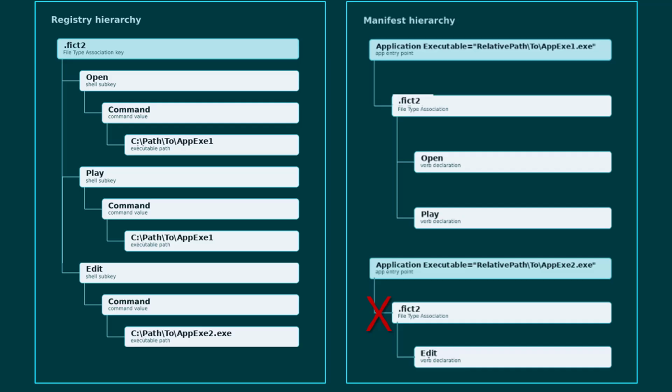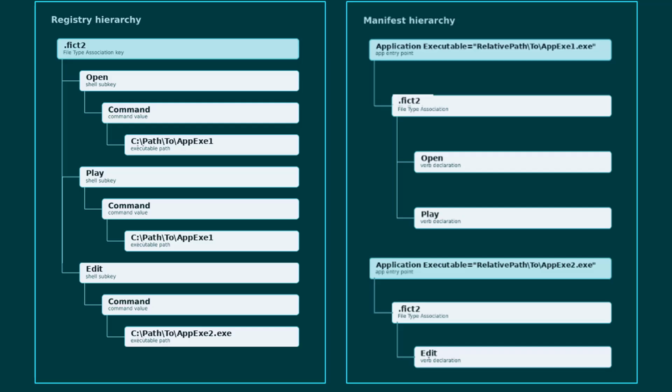Except that we can't do this in the AppX manifest file due to both hierarchy and uniqueness rules of the AppX manifest schemas. In the AppX manifest, the verb element implies the target executable for that verb by being placed under an application element that contains the appropriate executable parameter on it.